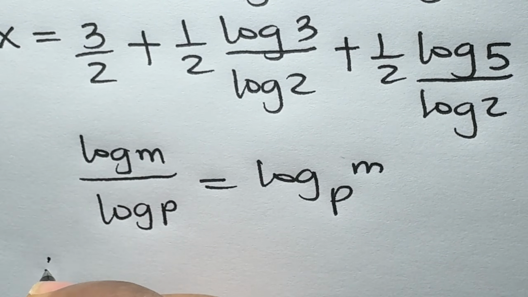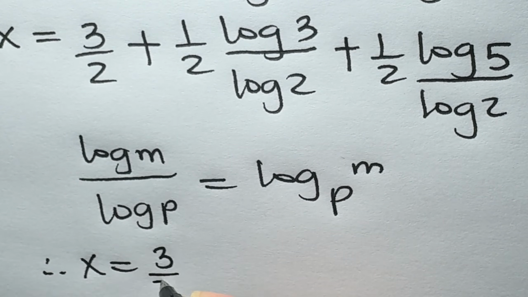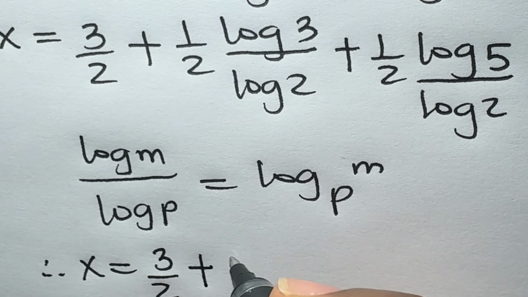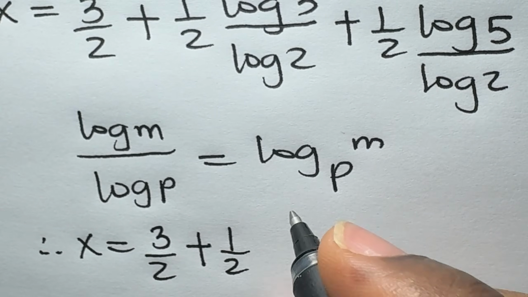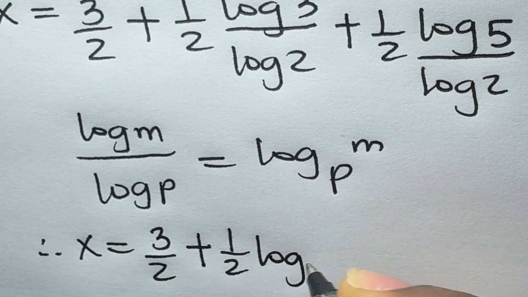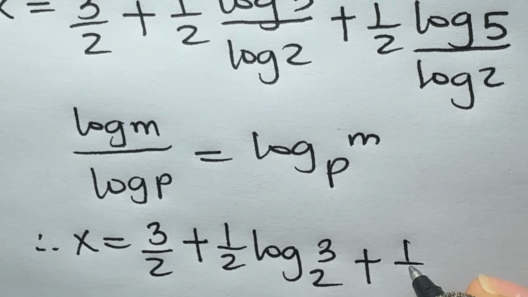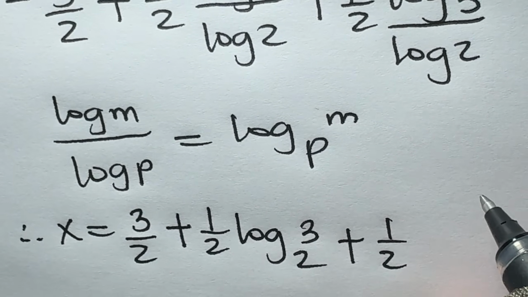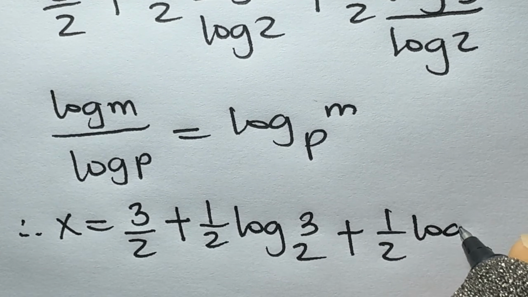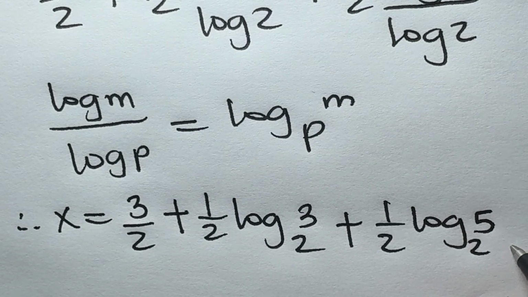Therefore, x becomes 3 over 2 plus 1 over 2 log 3 base 2, then plus 1 over 2 log 5 base 2. Giving us the final solution to this problem.